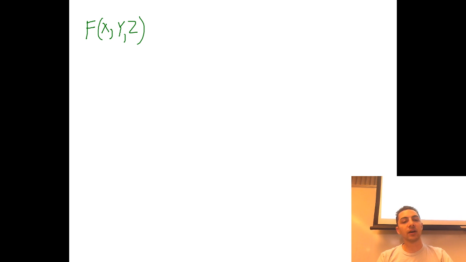Each of these, however, are Boolean variables. They can only take on 0 or 1 as input arguments. So that's a function of x, y, and z, and that function is x or y and z. That's how you read it.